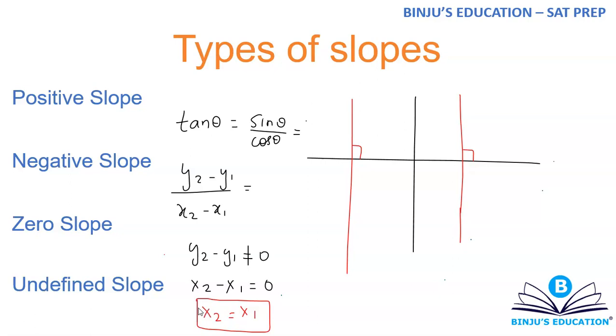Now the perpendicular distance of the line from y-axis is not changing, which means line has to be parallel to y. And if the line is parallel to y, it has to be perpendicular to x. Right? So this distance is constant.